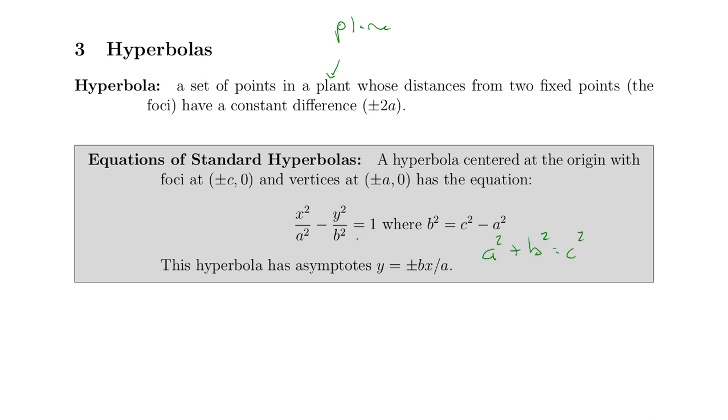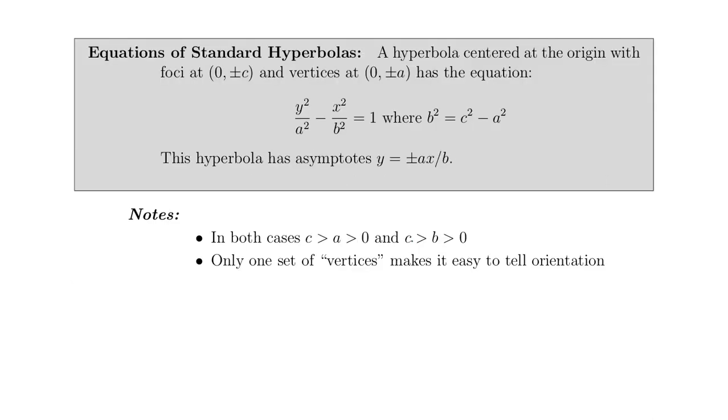It's always going to be the one with the y on top, and then the a is going to be on the bottom, or the one with x is going to be on the bottom. I apologize. So think rise over run. Y is on top, x is on the bottom. And so whatever the denominator for the y term is going to be your numerator for the asymptotes. Whatever the denominator for your x term is going to be the denominator for your asymptotes.